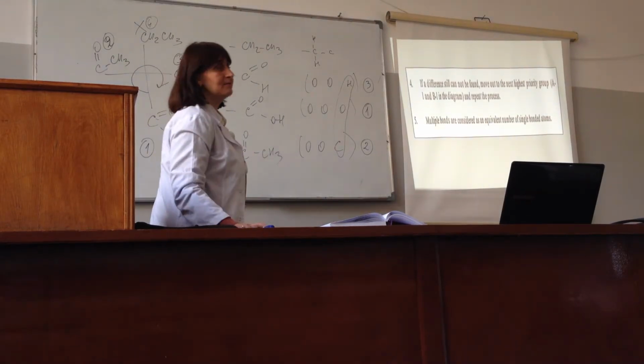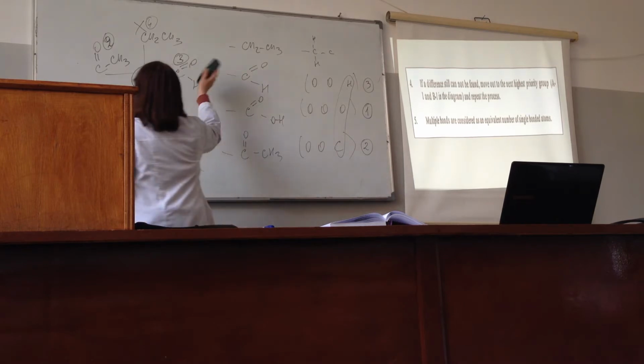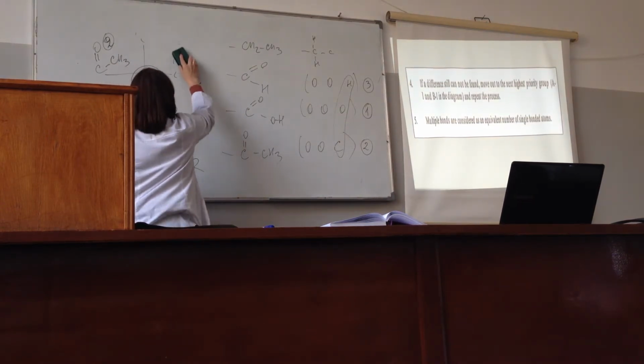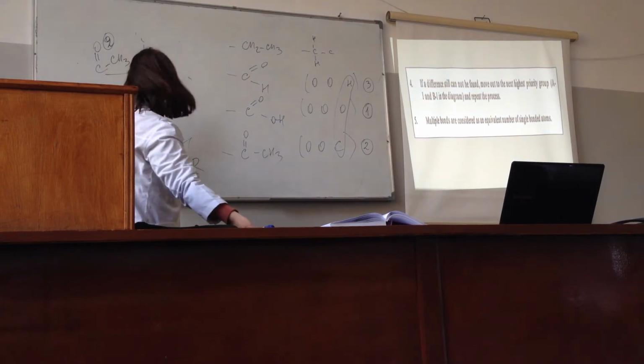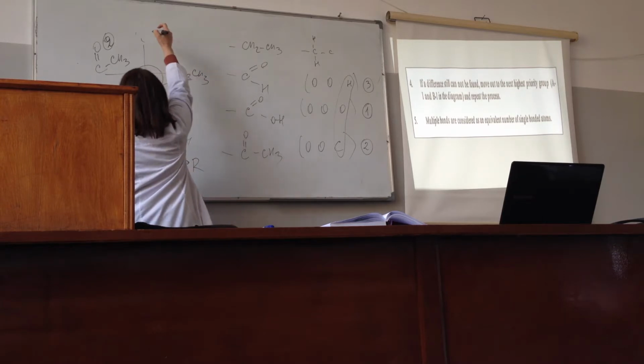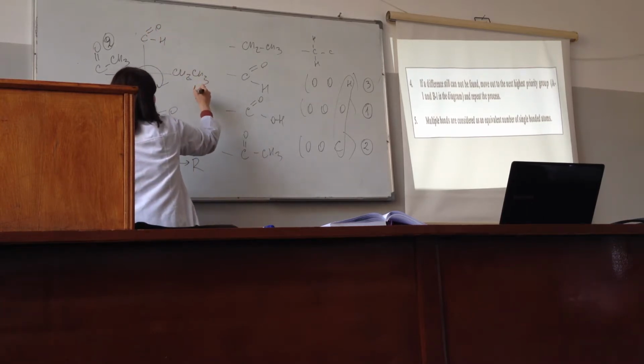Okay, now let's discuss this. For example, don't clean it, just change the number. 2 and 3. Okay, I write here. What was here? CH2, yeah? And here was C double bond OH. So this is number 4.